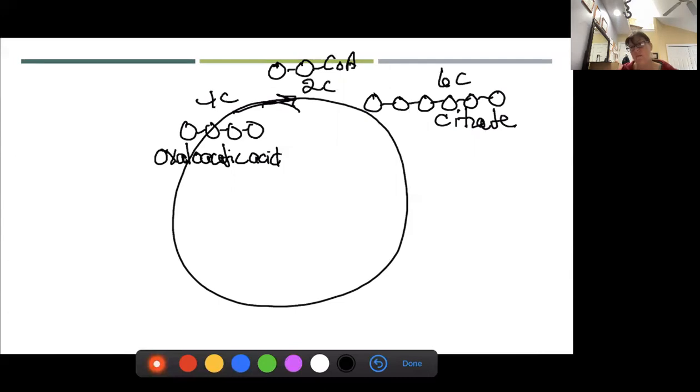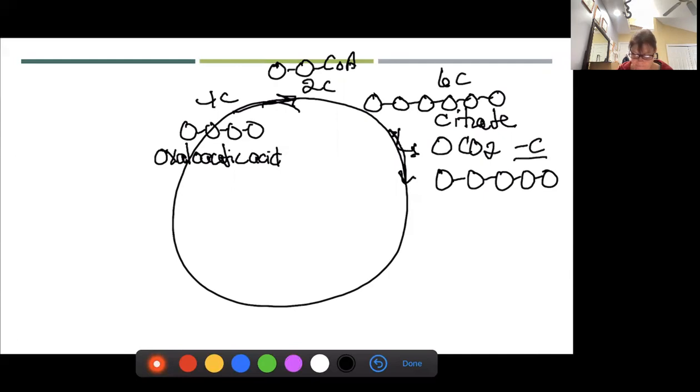And then what we're going to do is oxidize our sugar. In our first step we're going to get rid of 1 CO2, minus a carbon.